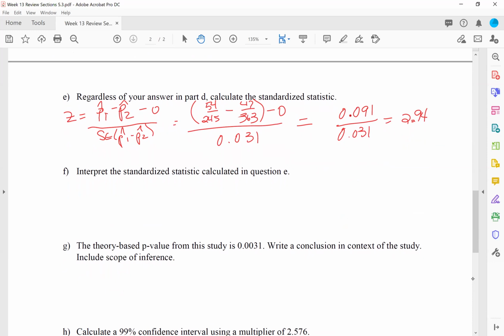So standardized statistics that are farther from 0 than 2 or negative 2 would be considered large standardized statistics, providing strong evidence against the null.